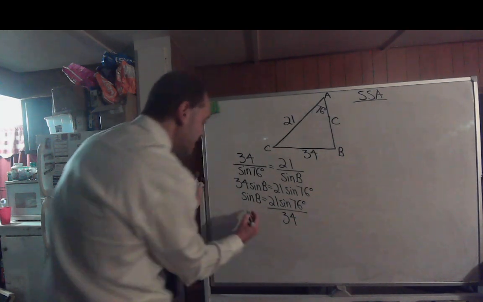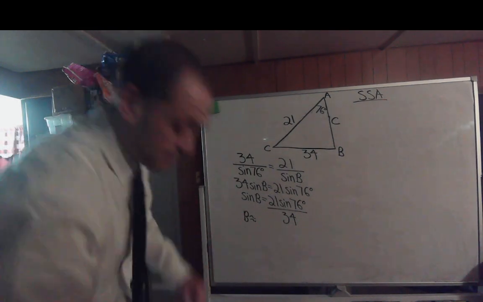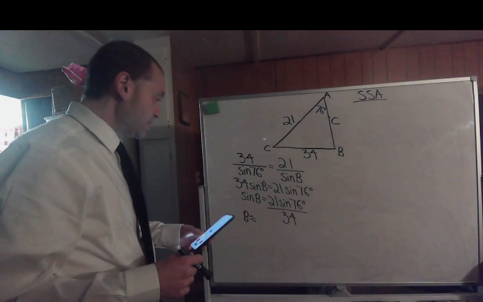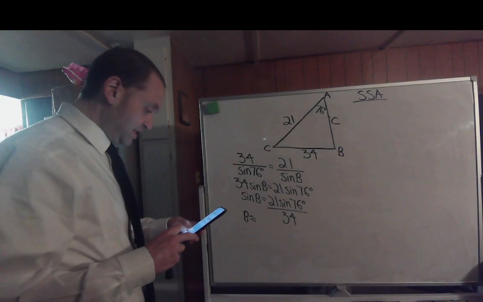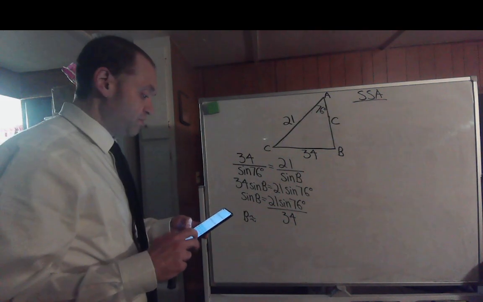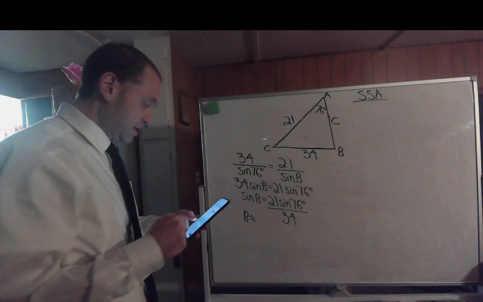Now let's see what we get here. Let's see what possible angle we could get. 21 sine of 76, divide all that by 34, so we get about 0.6, so yeah, that's within the domain.